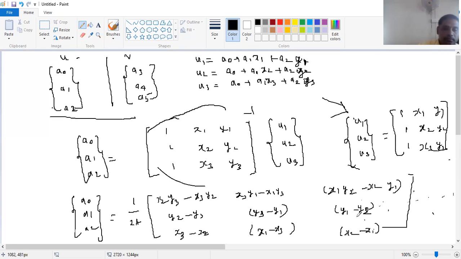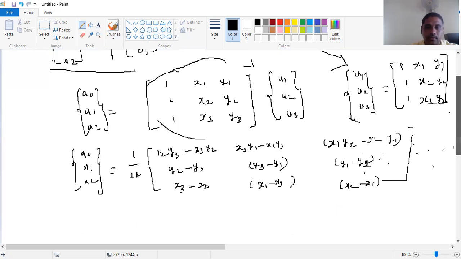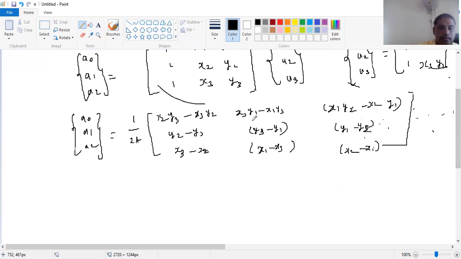In short form, instead of this value, we can consider it as a simple term, 1 by 2A into this term.